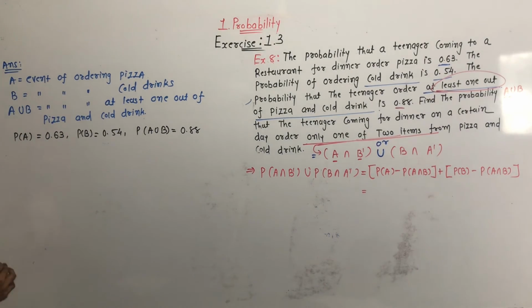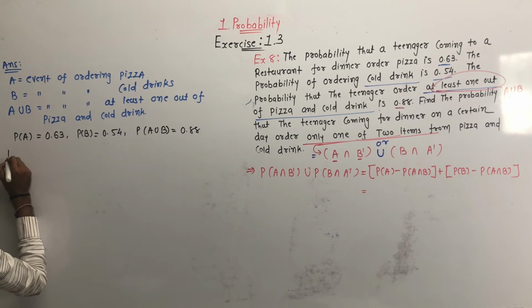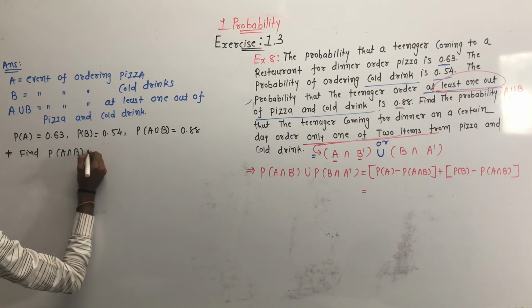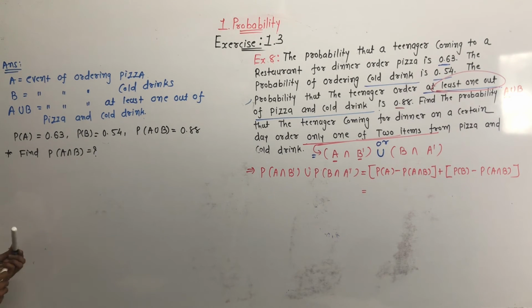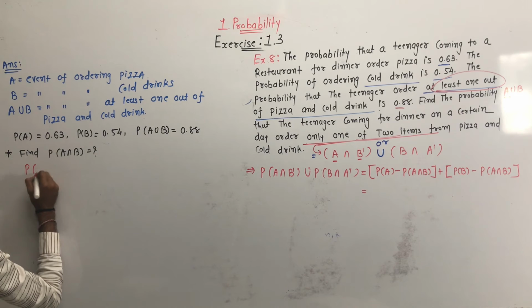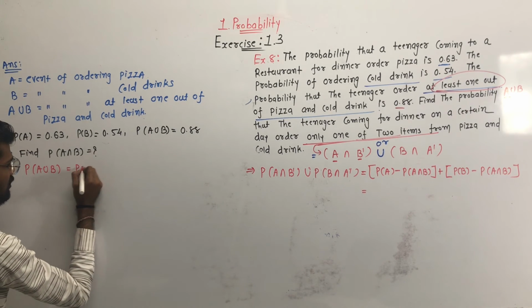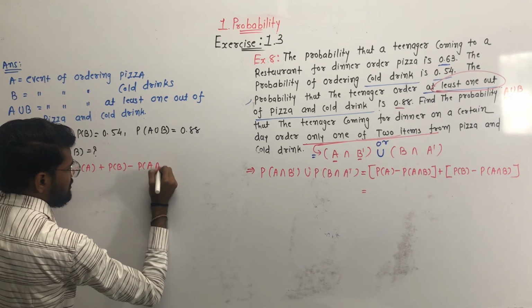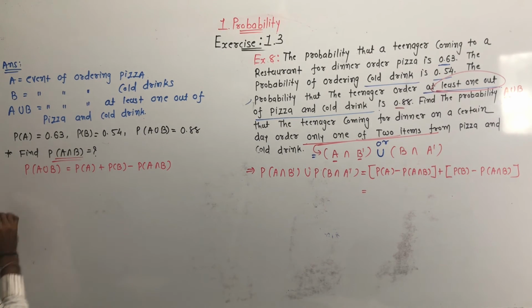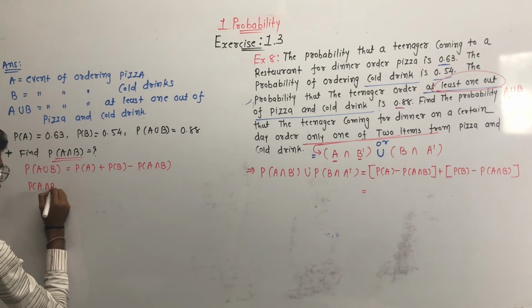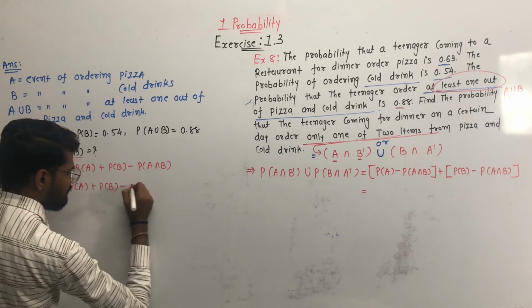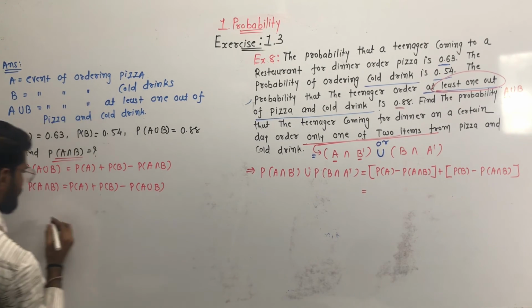So our task is to find P of A intersection B. Our formula is the law of addition of probability: P of A union B is equal to P of A plus P of B minus P of A intersection B. So P of A intersection B is equal to P of A plus P of B minus P of A union B.